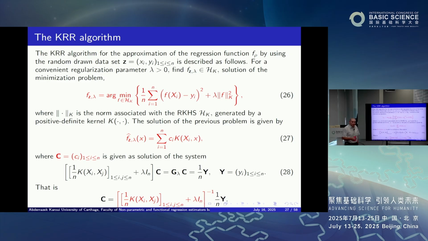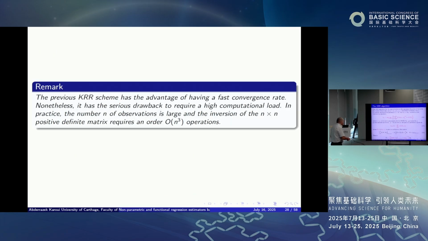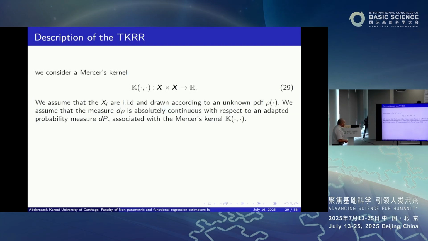Actually, this is really useless. We don't need to invert this large matrix if we know the eigenvalue behavior of Gram random matrices. This is why the kernel ridge regression estimator requires order n to the power 3 operations. It's too much, and we don't need this high computational load.